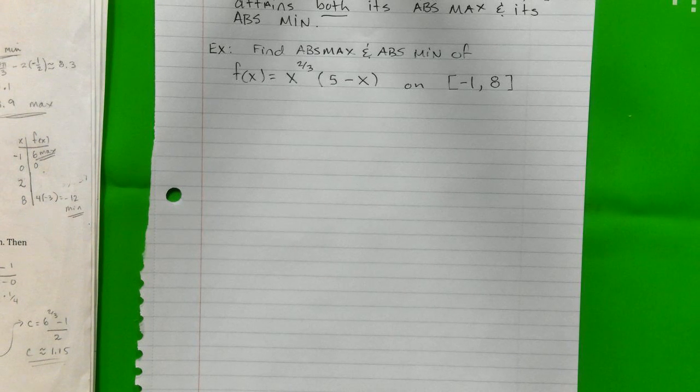So try taking the derivative. Then write your derivative with positive exponents only, and then see how many critical numbers you get. I think you're going to get 2 critical numbers. Let's see if you do.